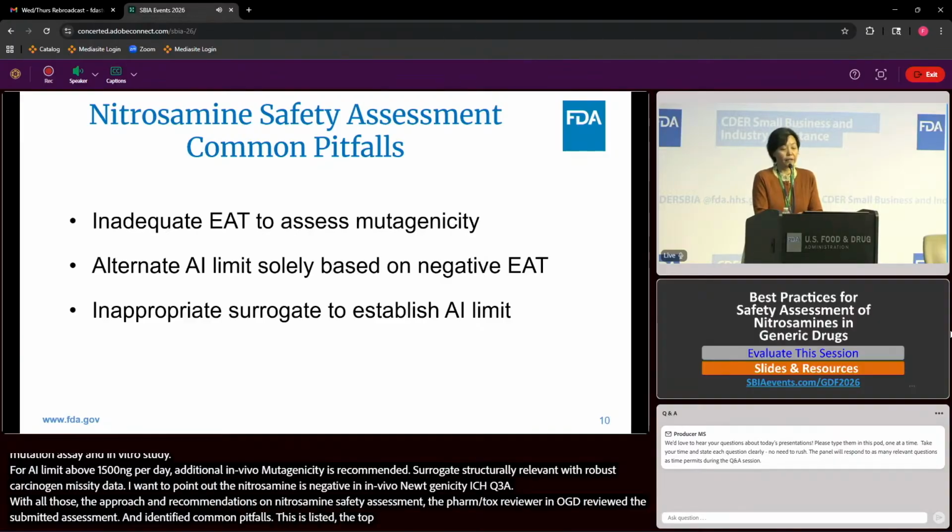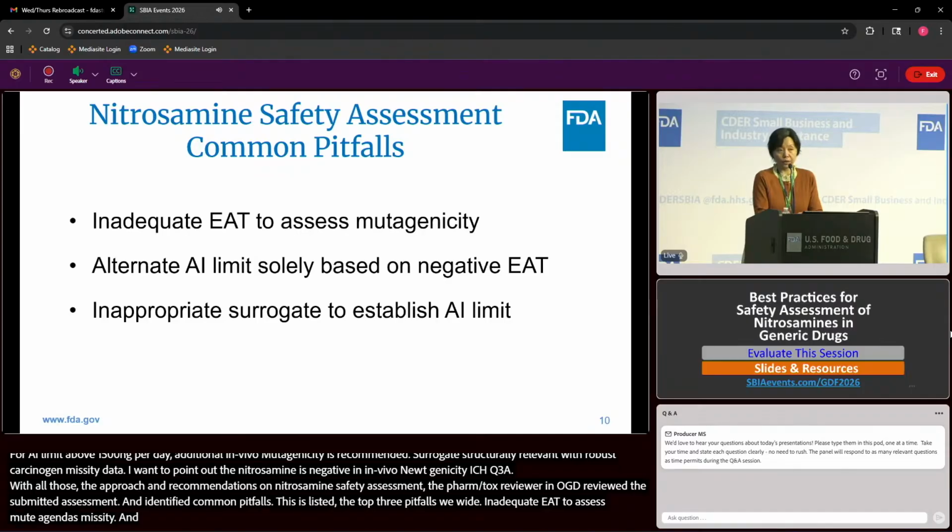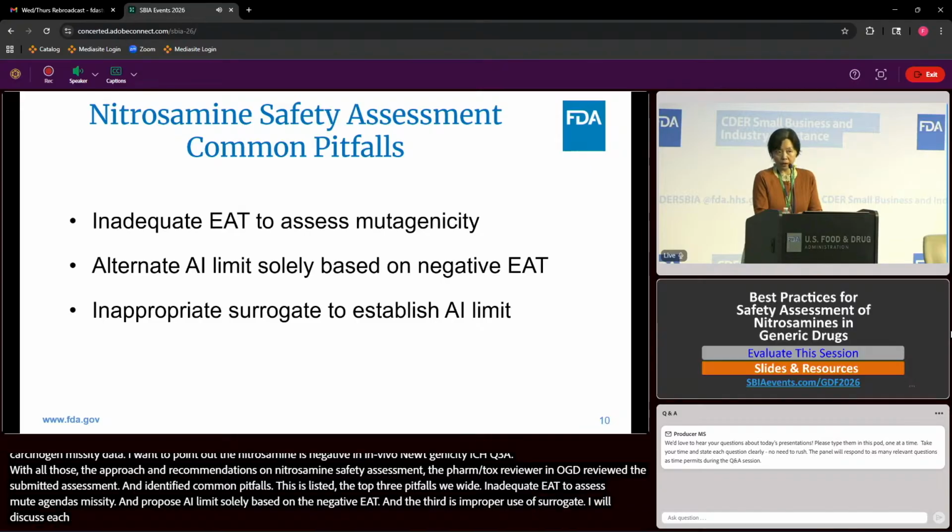They include inadequate enhanced Ames assay to assess mutagenicity, proposing an alternate AI limit solely based on a negative enhanced Ames assay, and the third is improper use of a surrogate. I will discuss each of those pitfalls in a little more detail in the following slides, and following that, I will provide additional discussion of other pitfalls identified in our reviews.